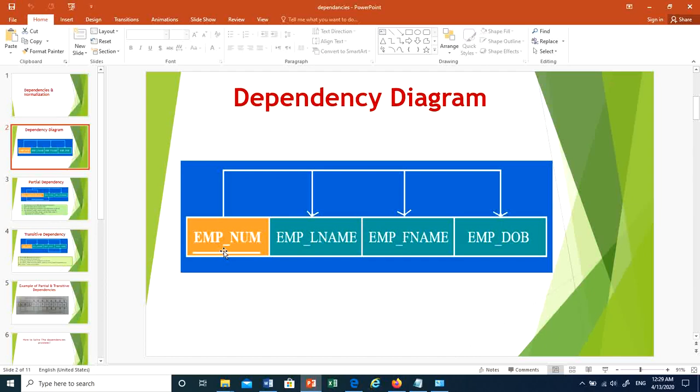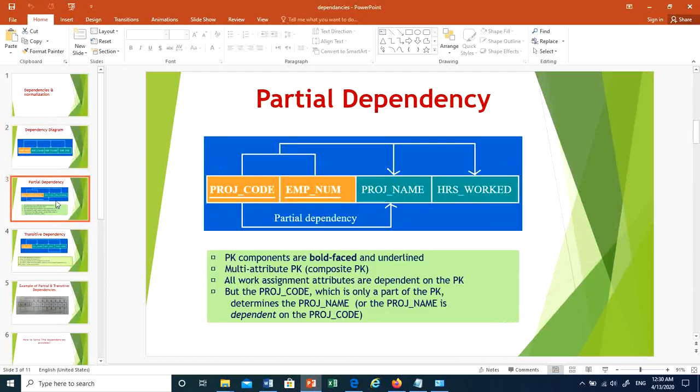So this is a dependency diagram in which some attributes are determined by this attribute. Of course, sometimes a primary key can be more than one attribute, can be 2, like this. In this dependency diagram, we call these 2 attributes a composite key.